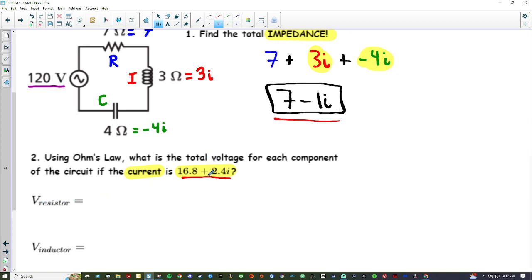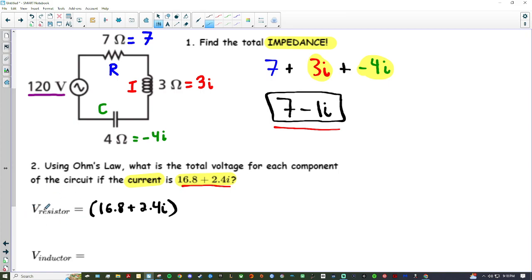So we're going to take our current, which is 16.8 plus 2.4i, and we're going to multiply our current by the resistor's impedance.